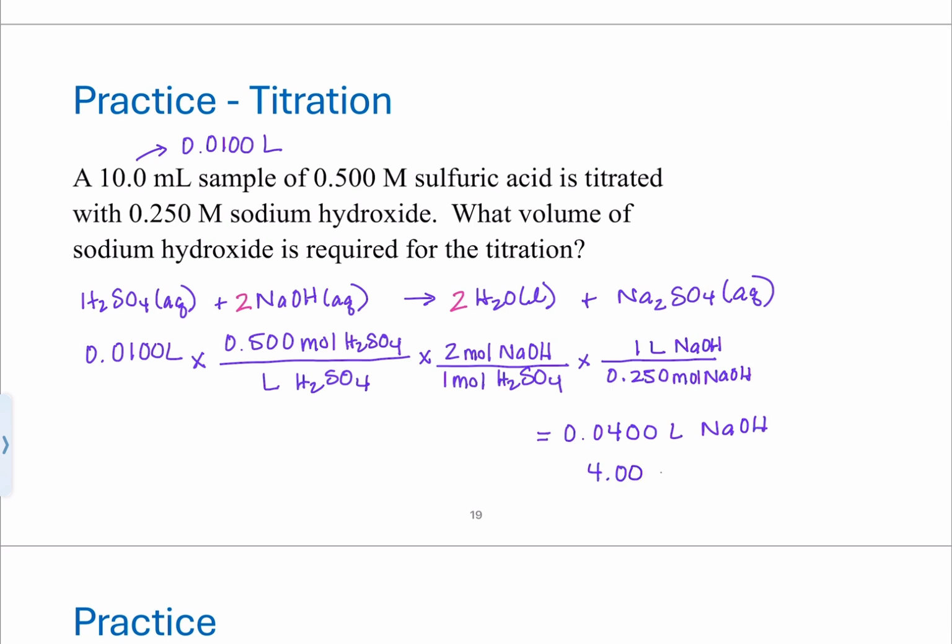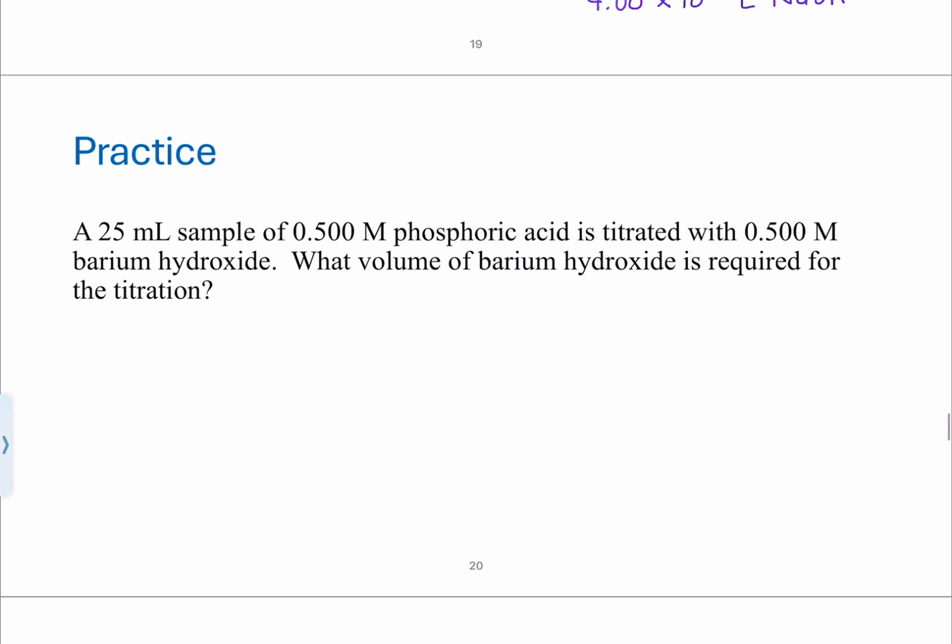So again, you're using molarity as a conversion factor, which means you can arrange its components however you want to arrange it. If we plug this into a calculator, you should get 0.0400 liters of sodium hydroxide. And you can also write this as 4.00 times 10 to the negative second liters of sodium hydroxide.